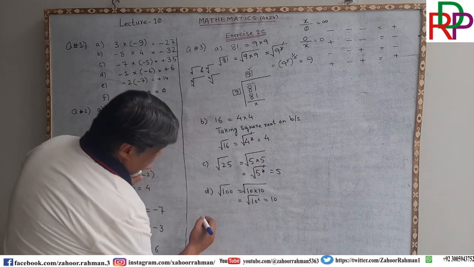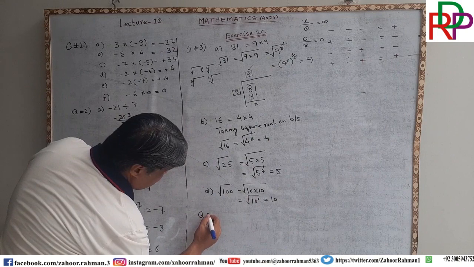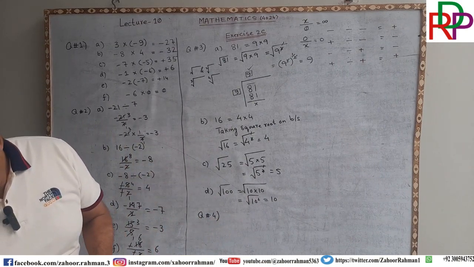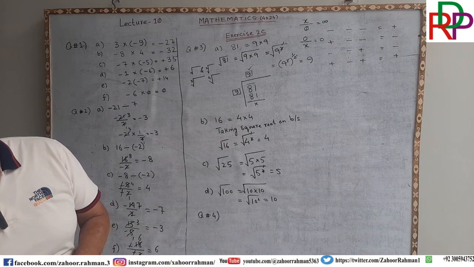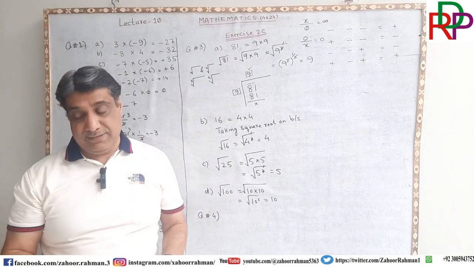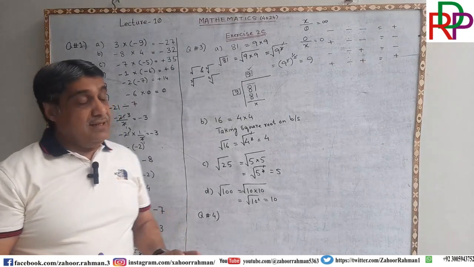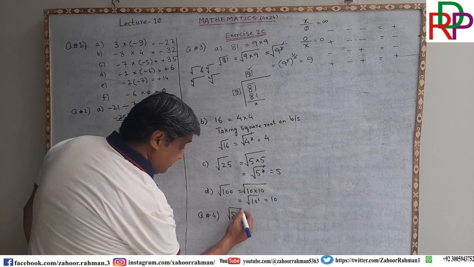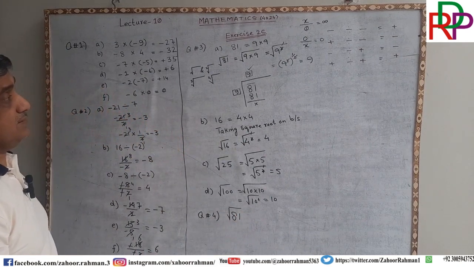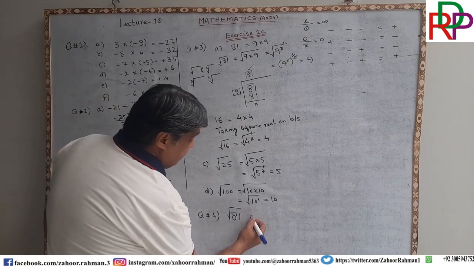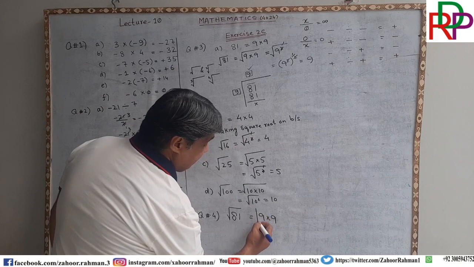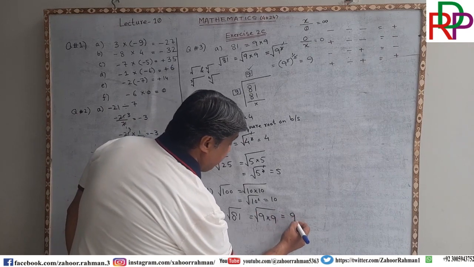Now question number 4 is saying that evaluate each of the following where possible. Now 81 square root is possible, and that is 9 multiplied by 9 under the root, which is equal to 9.